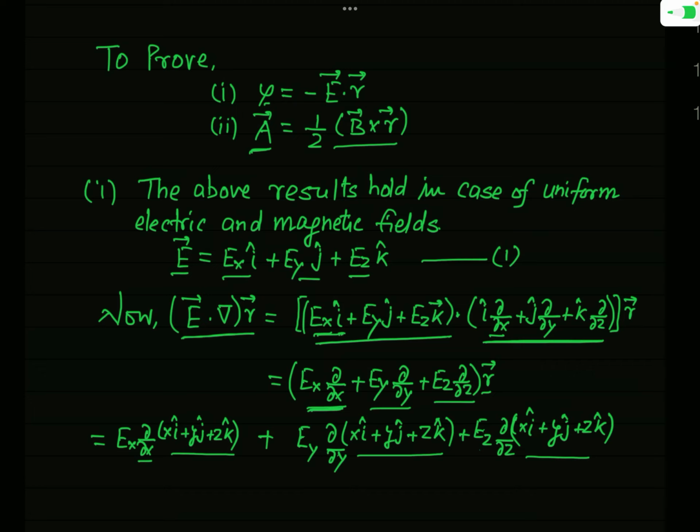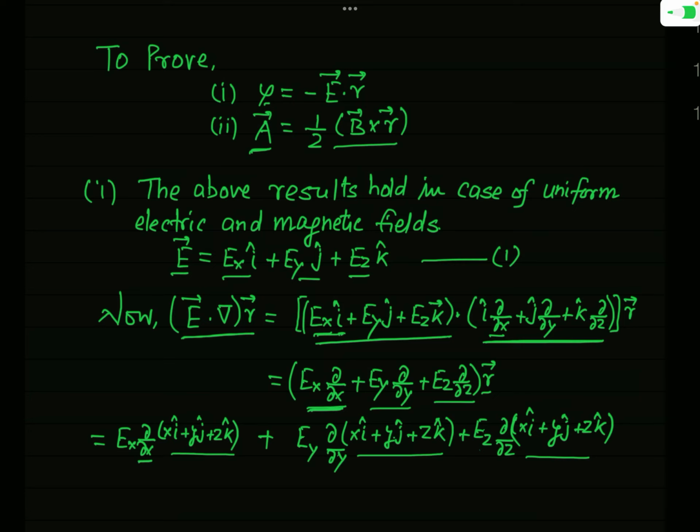But if you operate del/del x on y j and z k, these two terms will be 0, because when y and z are differentiated partially with respect to x, the result is 0. Similarly, in the second term, there will be del y by del y equal to 1 and other terms will be 0. So the second term will be Ey j.